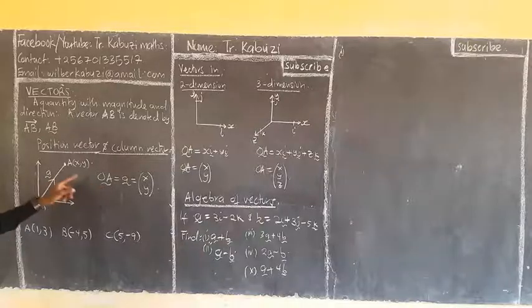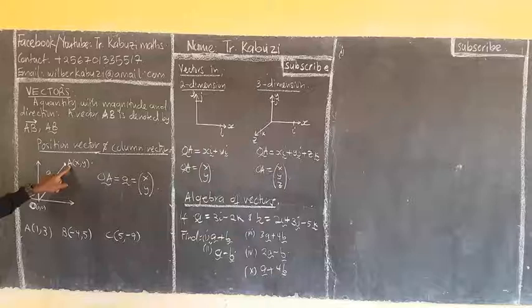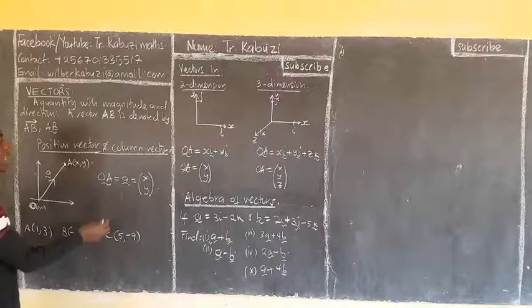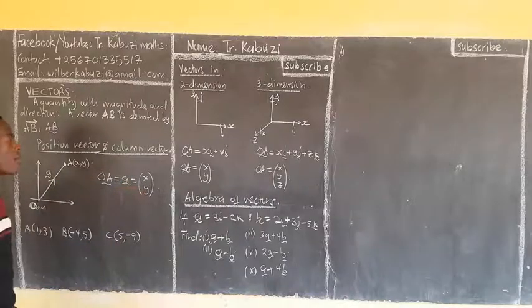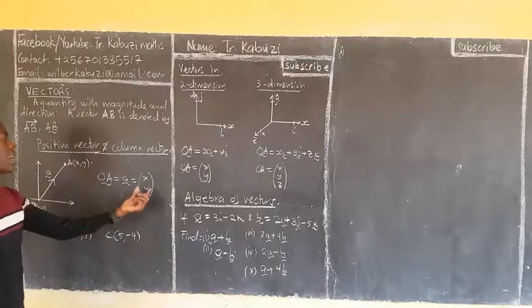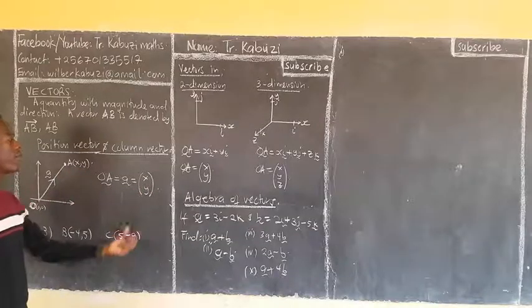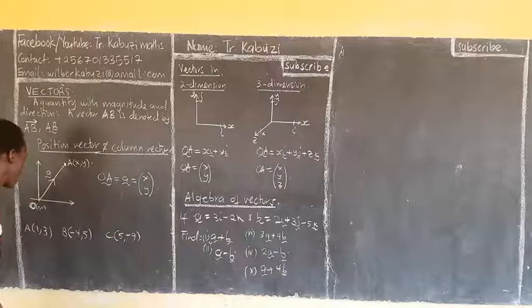My OA, we can represent with a small a. Now we convert the position vector into a column vector. So this point x, y, I can write in column form of x and y.